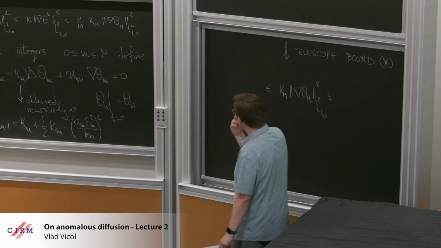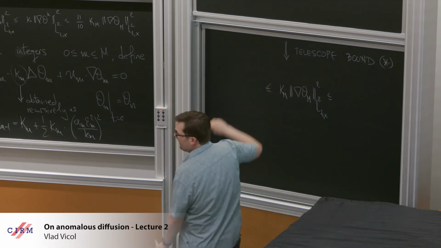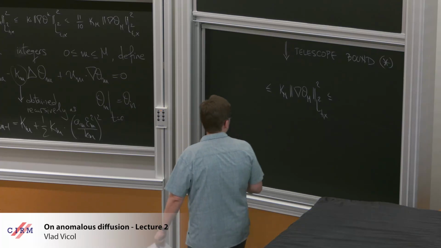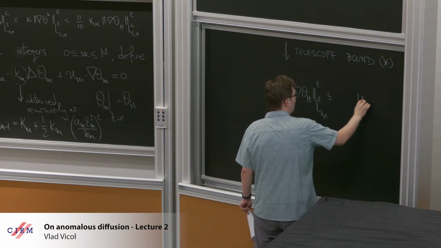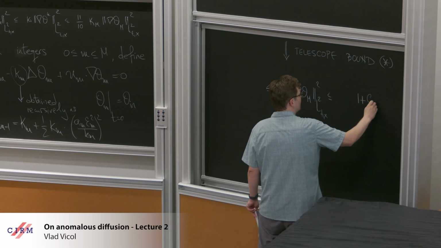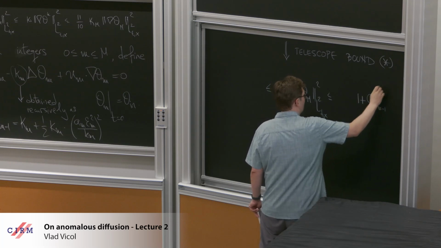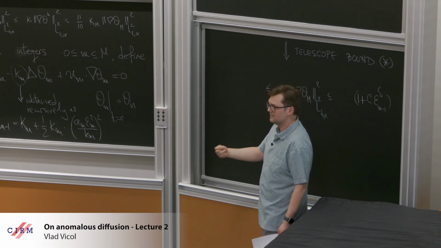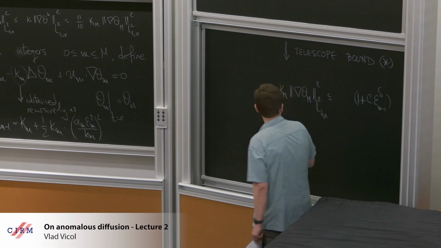What are the upper and lower bounds? Well, in every step you make an error. From above, the error is 1 plus constant epsilon m minus 1 to the delta. Every time you make this error, so the errors accumulate. So you need to do a product here.